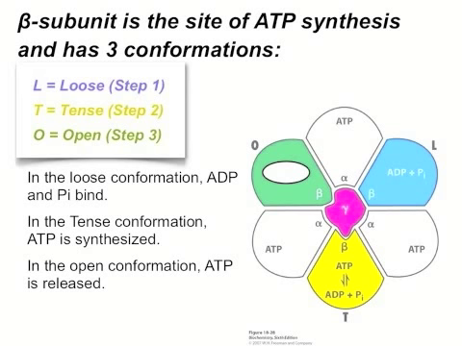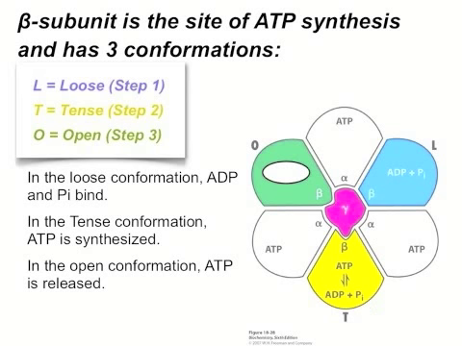Now, it was shown that the rotational energy from the gamma subunit is not actually necessary for ATP synthesis to occur. ATP synthesis can occur without the proton motive force that causes the gamma subunit to rotate. What cannot happen, though, is for ATP to exit the beta subunit. The open conformation relies on the conformational change that happens when the gamma subunit rotates.